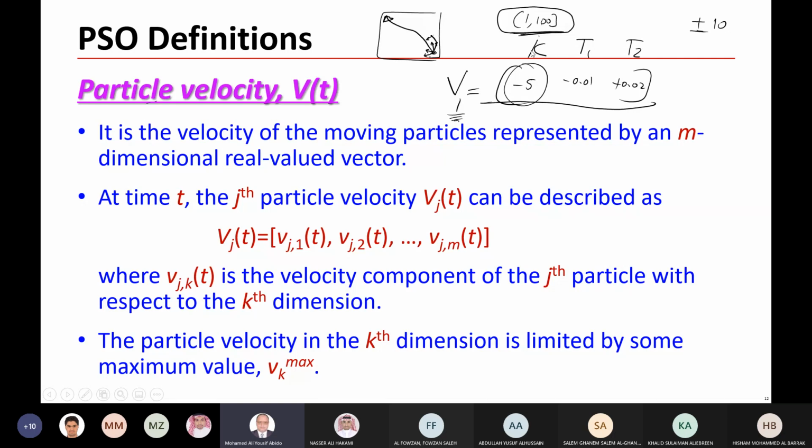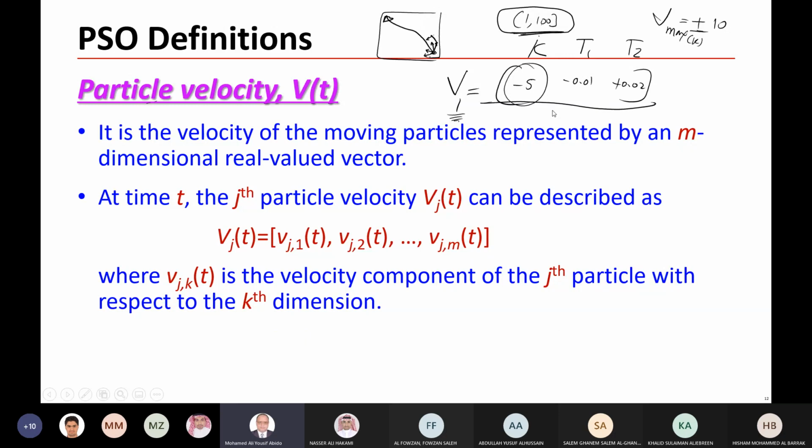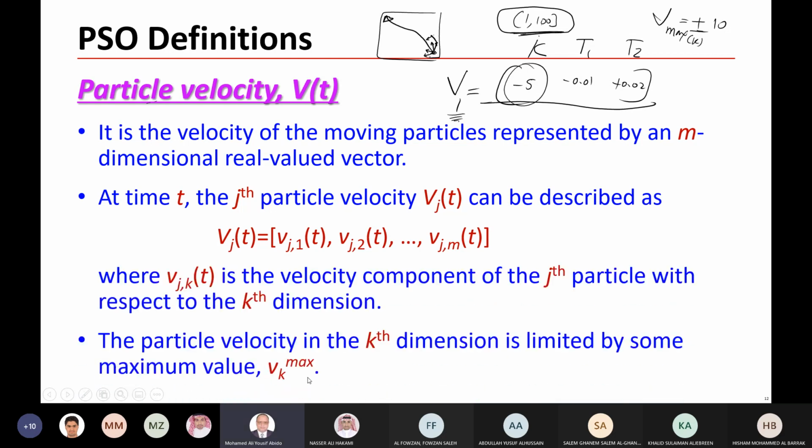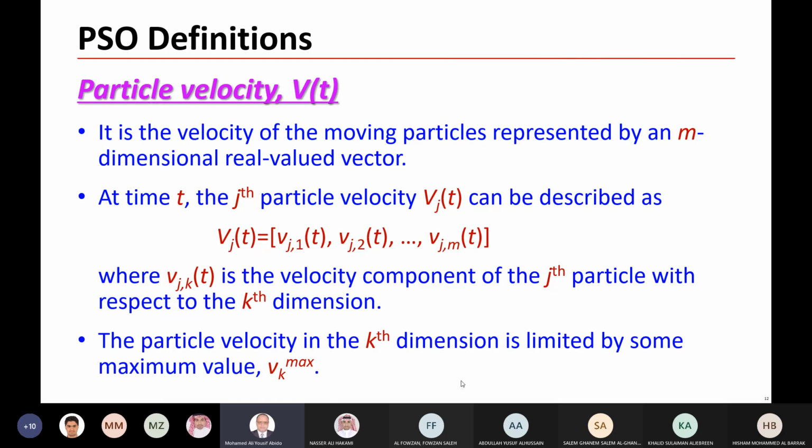As I mentioned here, we can have this equal to plus minus 10. This is the velocity maximum of the k dimension, plus minus 10. So we limit the velocity here in the k dimension to be plus minus 10, and the other dimensions as well.